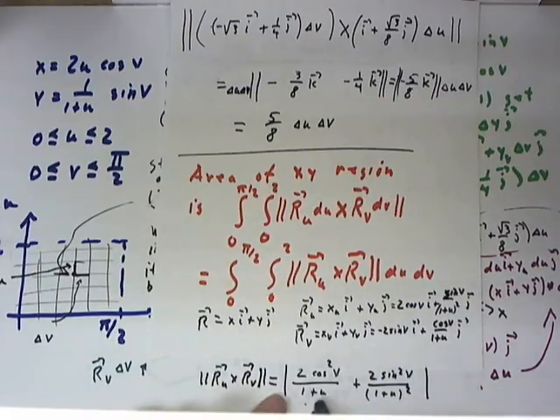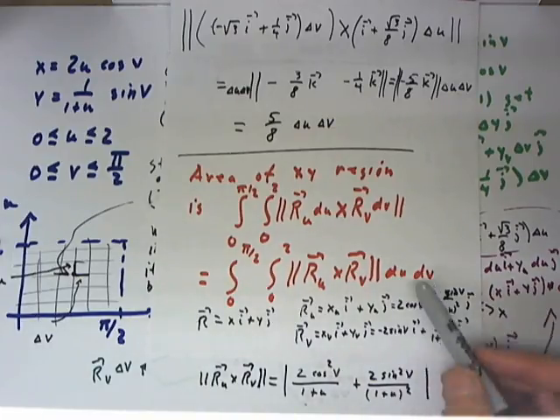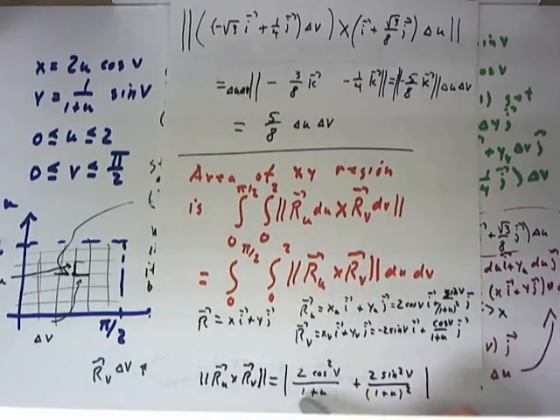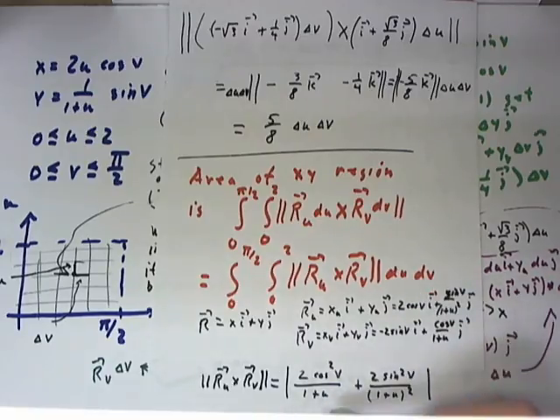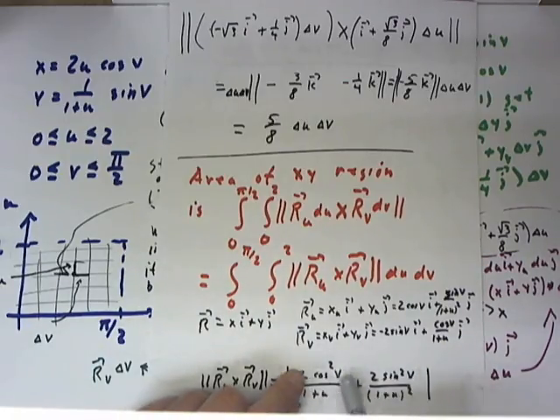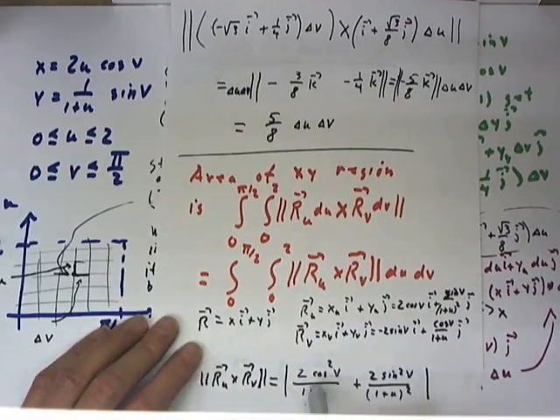So as it turns out, this isn't a particularly difficult integral. There's nothing difficult in here. We're integrating with respect to u. 1 over 1 plus u is going to have an antiderivative, natural log of 1 plus u. 1 over 1 plus u quantity squared is going to have an antiderivative of negative 1 over 1 plus u. And the cosine squared and sine squared of v are going to go along with those.